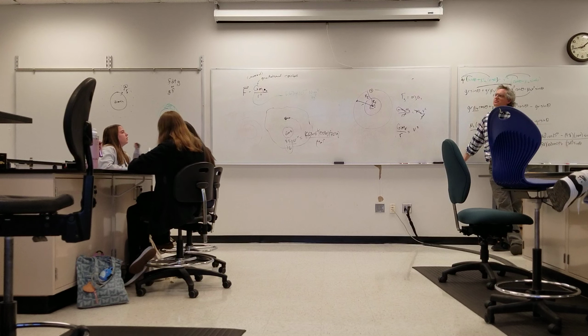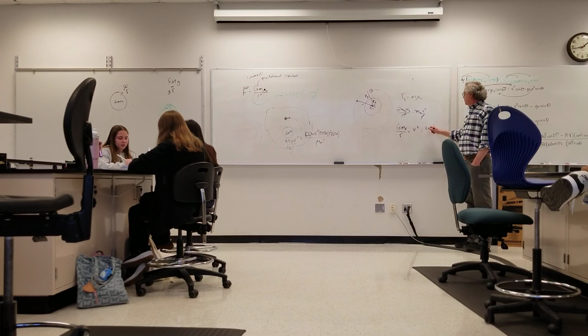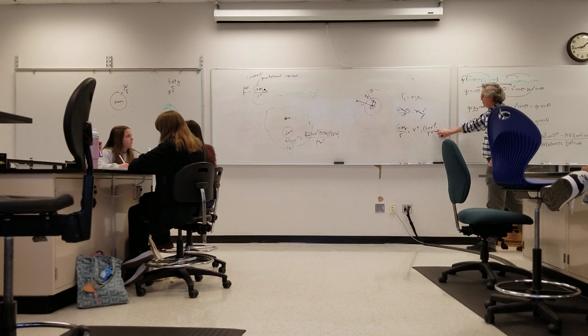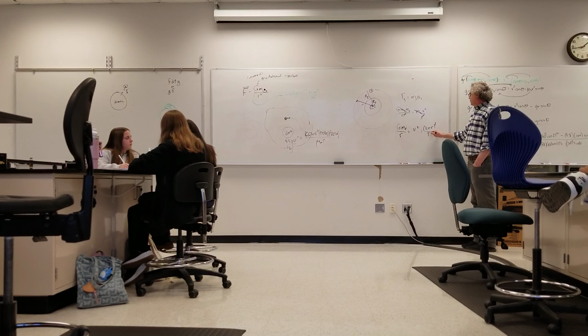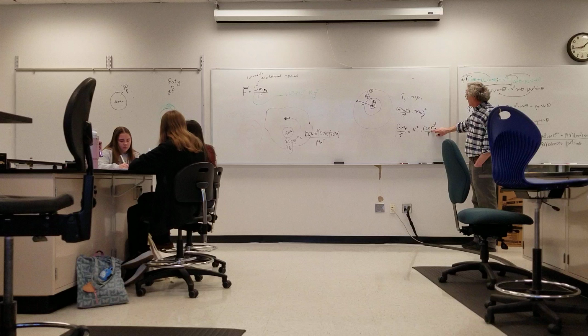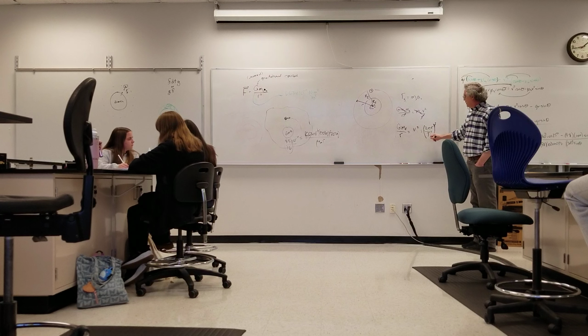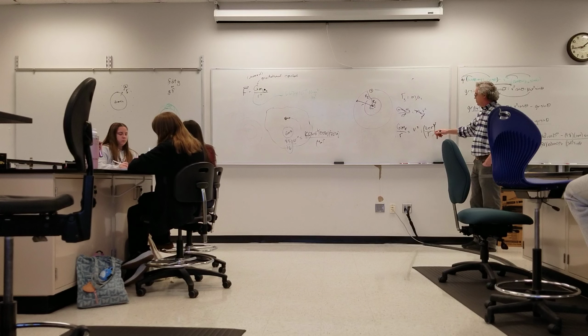Okay, and what's the distance? Circumference. Yes. So this is 2 pi r over the time. Good. Went too far there. Let's do this: 2 pi r over t, big T.